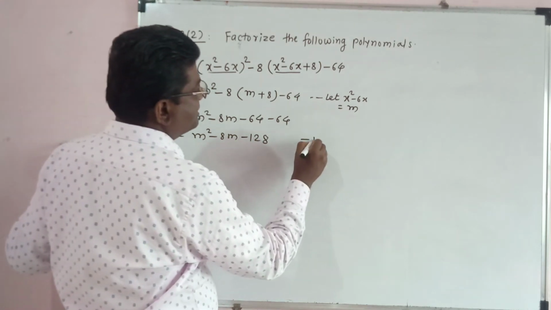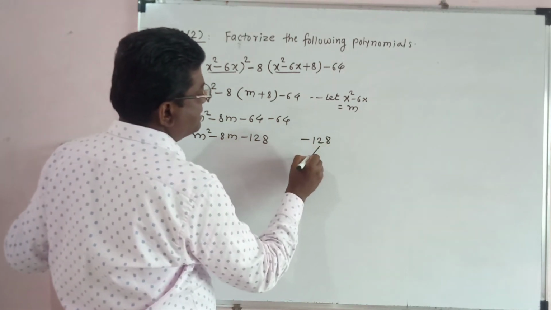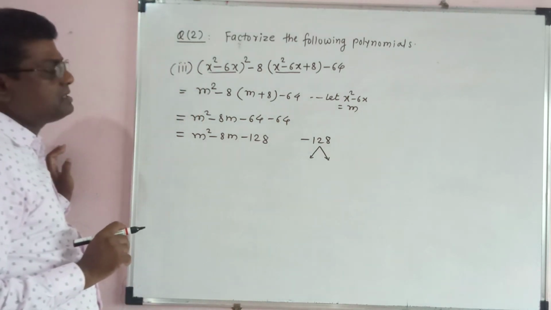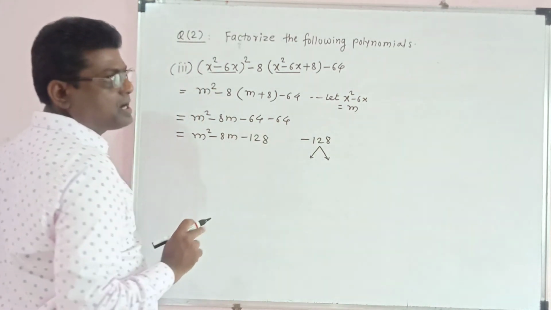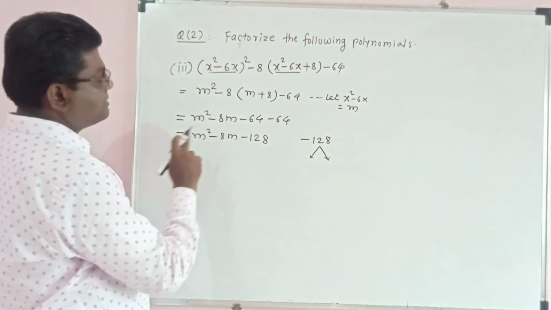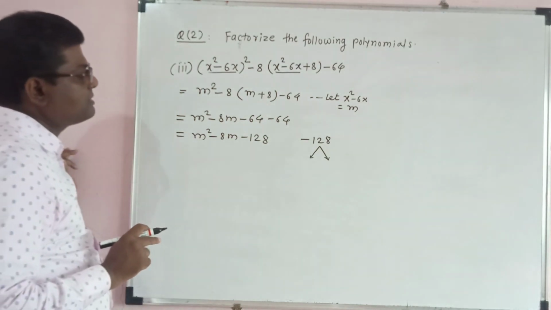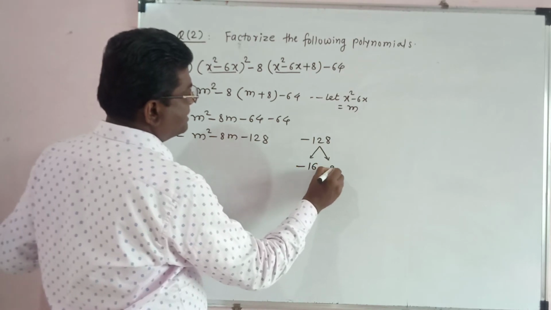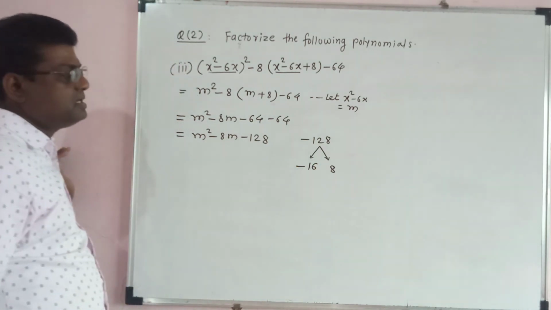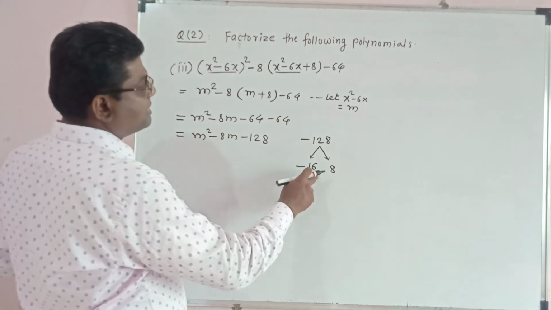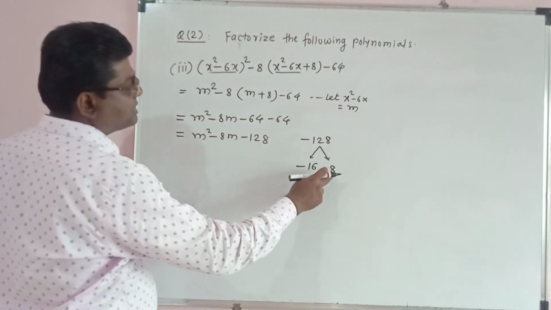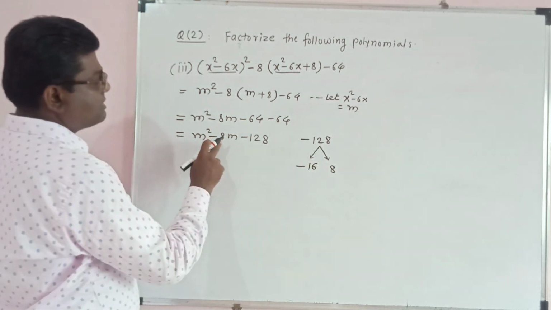Now we split up this 128 into two numbers such that their multiplication is minus 128 and the sum is minus 8. The numbers are minus 16 and plus 8. Minus 16 into 8 will be minus 128 and minus 16 plus 8 will be minus 8.